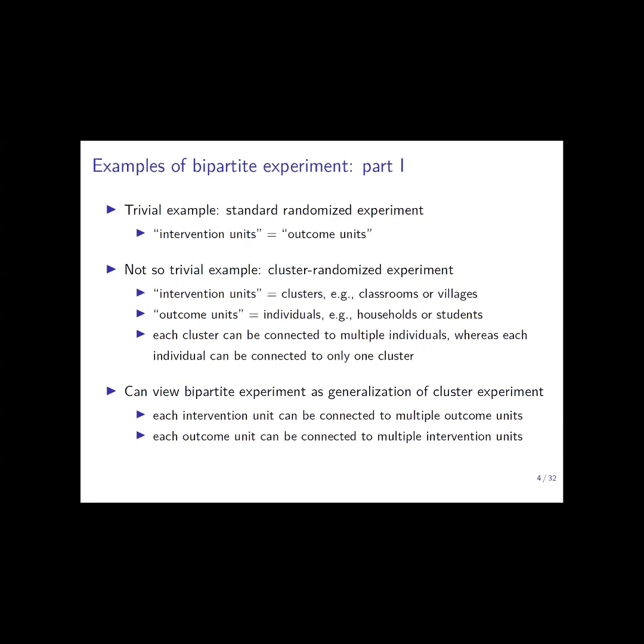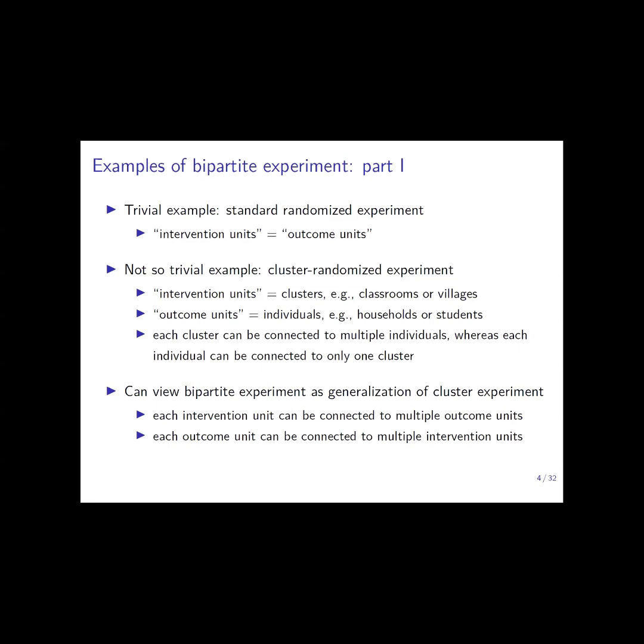In public health, the intervention units are villages, and the outcome units are households. Sorry, I mixed up the mapping; it should be classroom and students, and village and household. So that's a traditional cluster randomized experiment. Each cluster can be connected to multiple outcomes, whereas each individual can be connected to only one cluster.